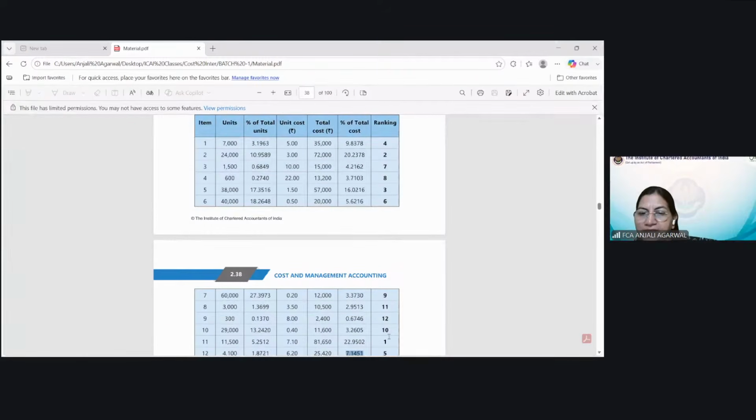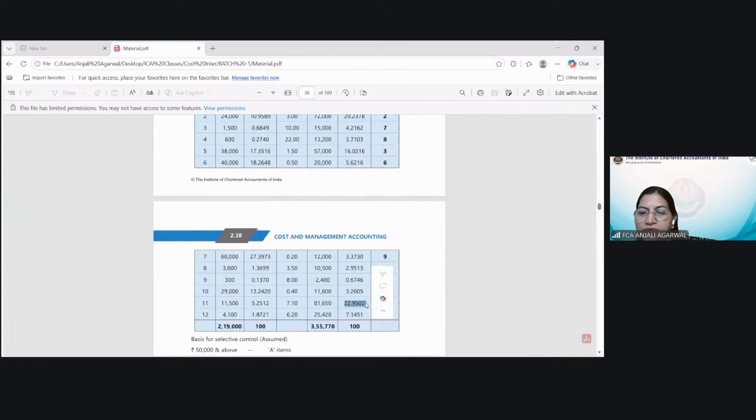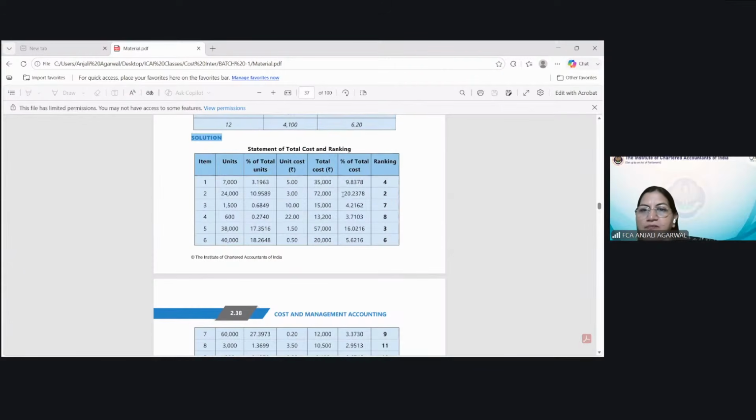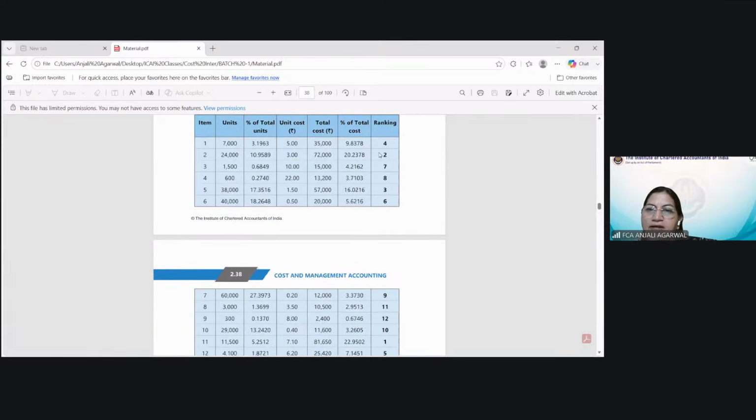Now I'll add up rank 1, 22, plus 20, 42. This also goes to A. So somewhere around 55-60%, or 70%, I'll add and classify those items as A. 15% is B, 15-20% around, and the remaining is C. So when I add up rank 1 and rank 2, I'm at 43% roughly.